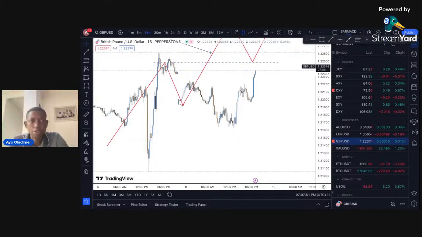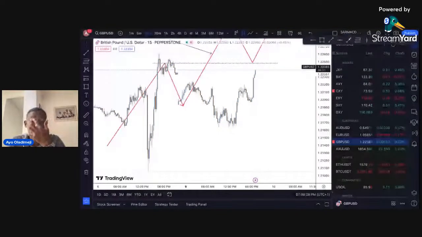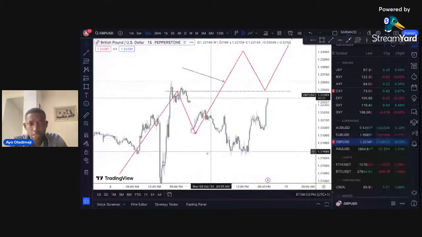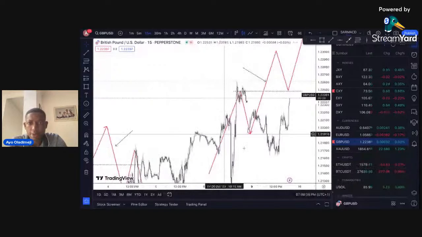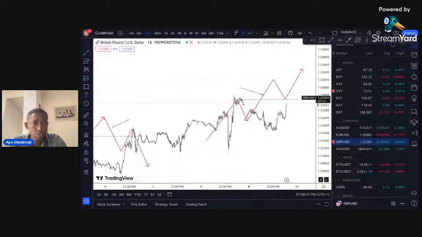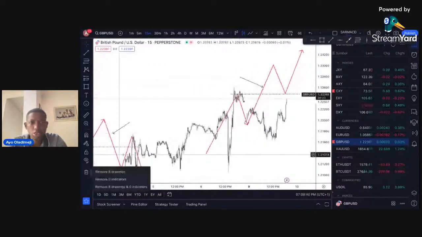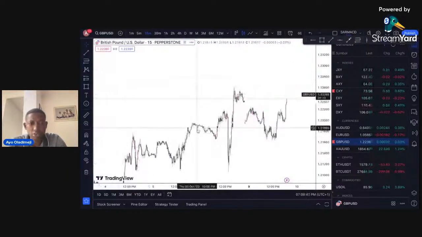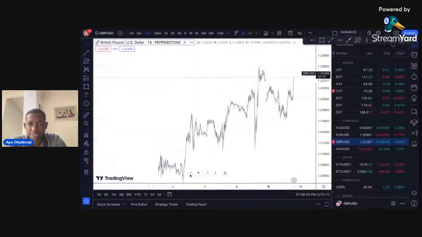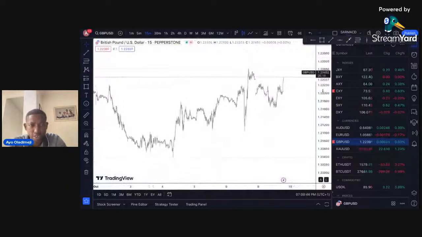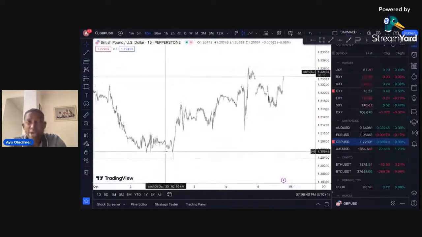Okay. So we talked about this. Let me clear this. We said support will always be that price level in the market where price actually bounces off to the upside.